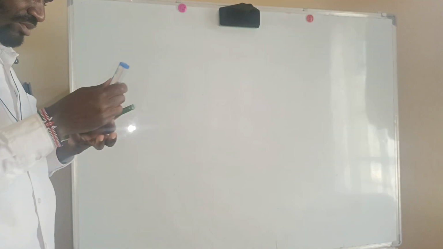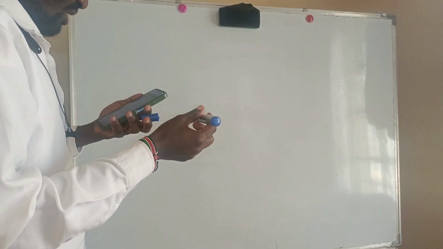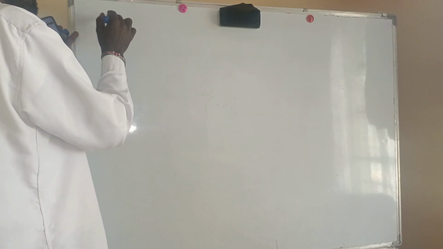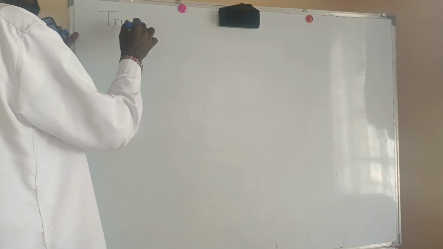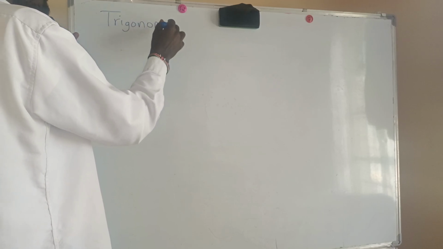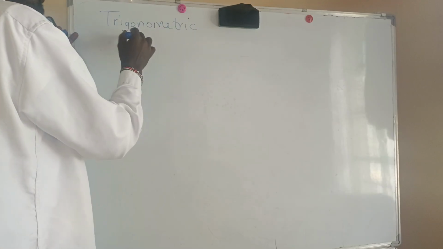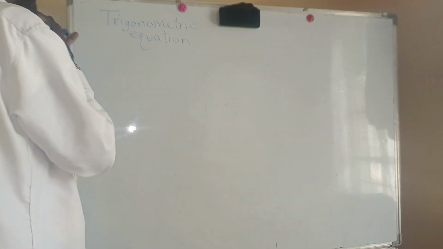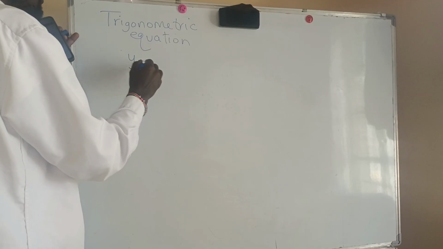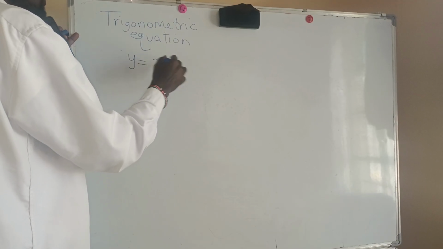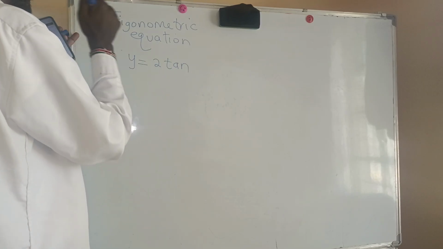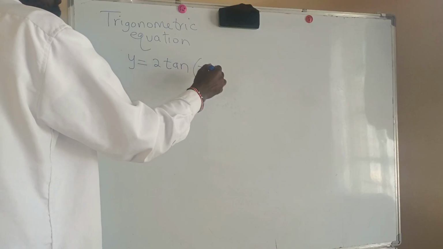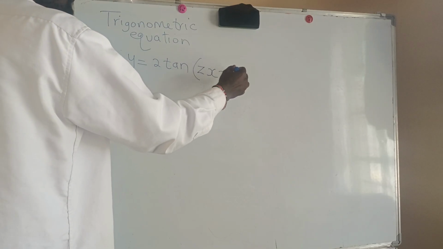That question has been given as this. They're saying that a trigonometric equation is given as y is equal to 2 tan, then in brackets we have zx less 40.